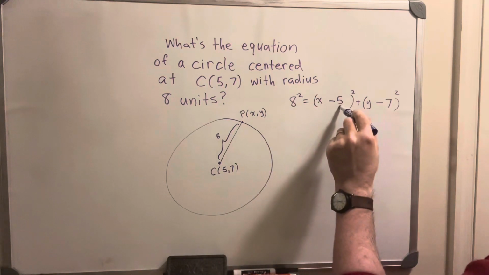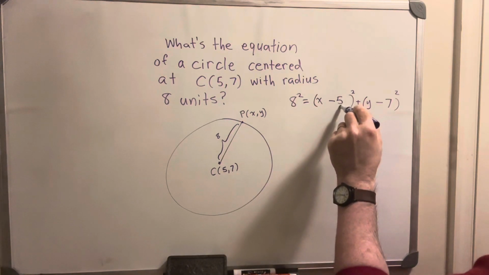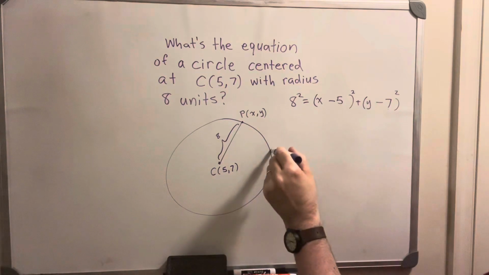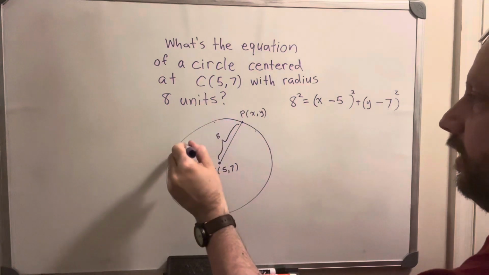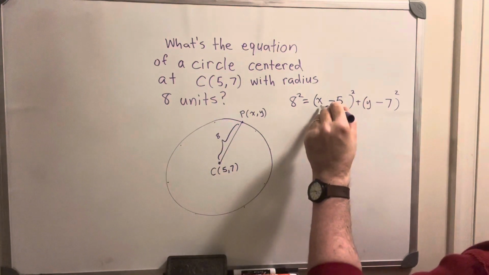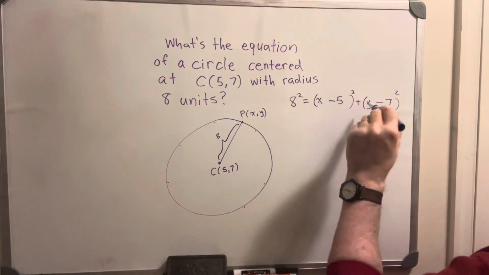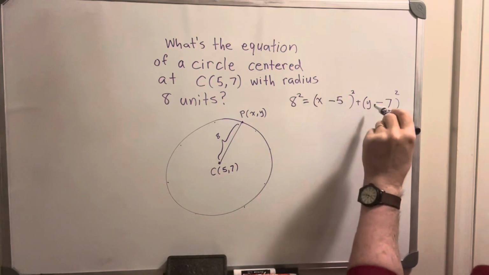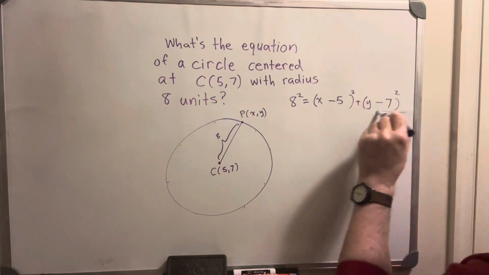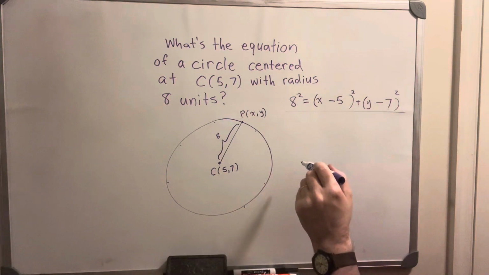This is the x position of the center. This is the y position of the center. And for any point, we take that point's x value and plug it in right here. We take that point's y value and put it in right here. And this is the equation of this circle.